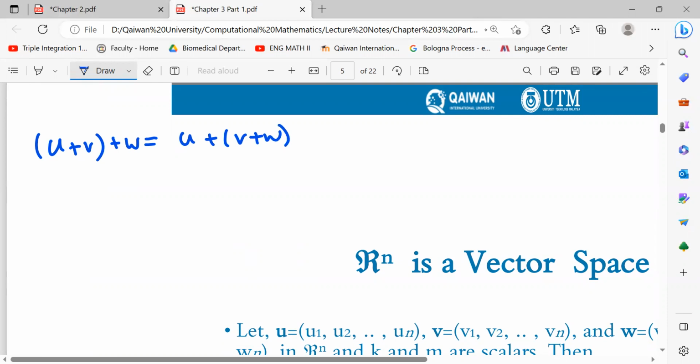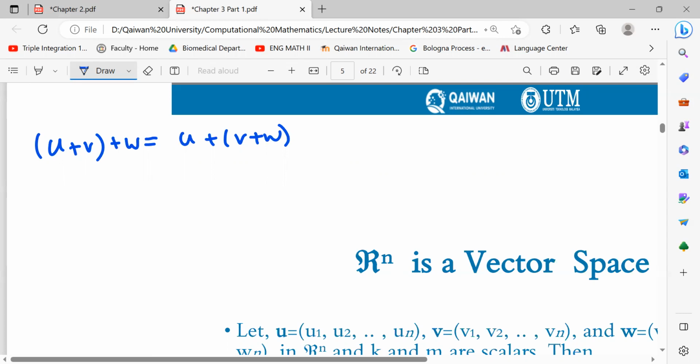These two must be equal. We said u is u1 up to un, v is v1 up to vn, and w is w1 up to wn. Each of these vectors is an n-tuple.